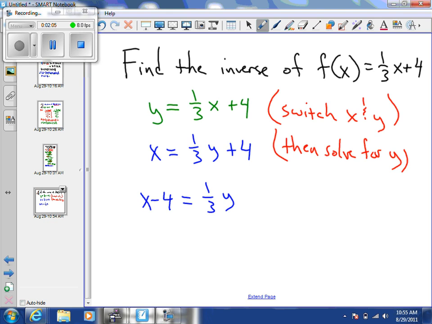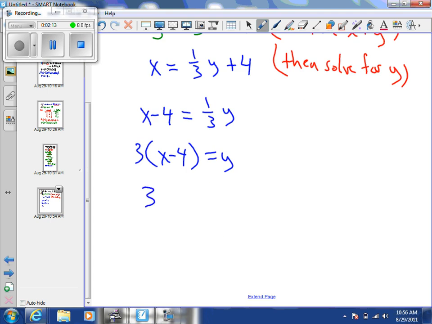Then I take both sides times 3, and we distribute and get 3x minus 12. I'm going to call that the inverse. So f inverse of x is 3x minus 12.